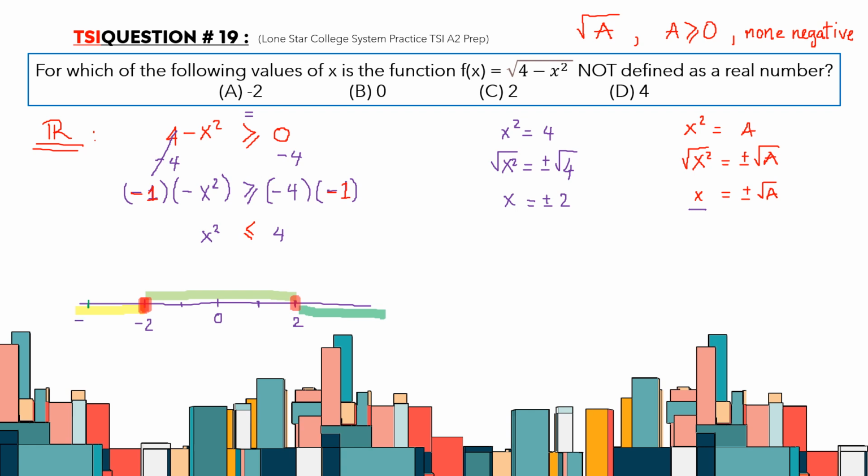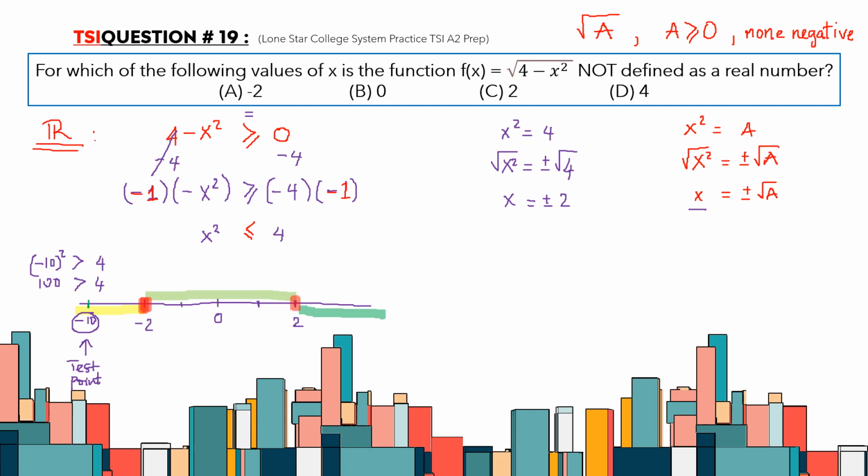Let's choose negative 10. Those circles are the test points. If it's negative 10, negative 10 squared is 100, and we compare to 4.